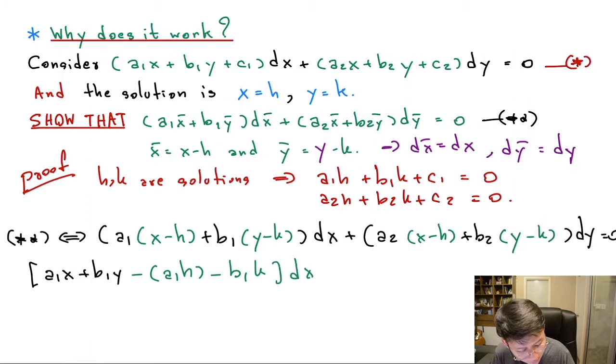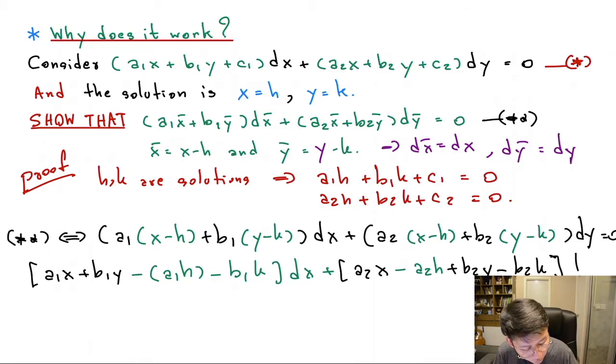Here is a2 x minus a2 h plus b2 y minus b2 k, then dy equals 0.